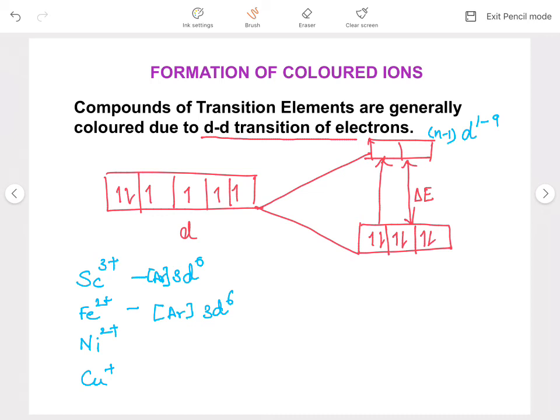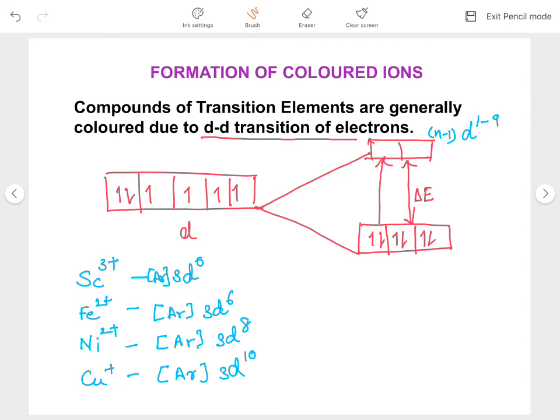Nickel is 28, configuration is 3d8 4s2. For Ni2 plus we have argon 3d8. Now for copper, the exceptional case you have learned yesterday, it has a configuration 3d10 4s1. So for Cu plus we have argon 3d10. One electron is removed from the s subshell.